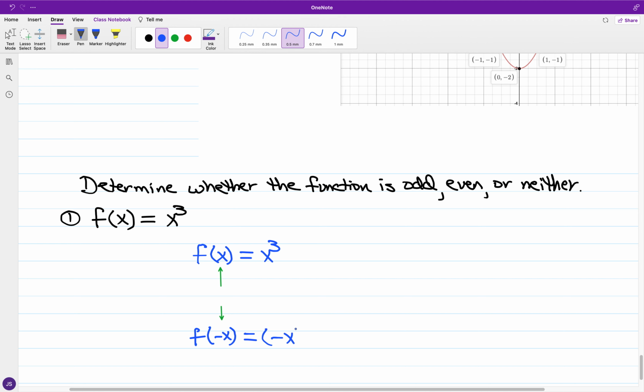For the cube of the input, I have the cube of negative x, and so this will end up as minus x cubed. So we have f of x is equal to x cubed, and f of negative x comes out to negative x cubed.